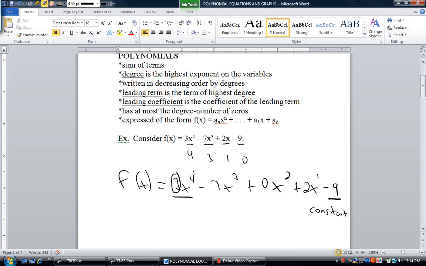And then this highest degree, which is the degree of the whole polynomial, tells you how many zeros, or at most how many zeros this polynomial has. And it has 4. In fact, you could actually say it has exactly 4. And then this that you may see is just telling you that it's written in decreasing order or descending order by the degrees. And you always end with a constant.